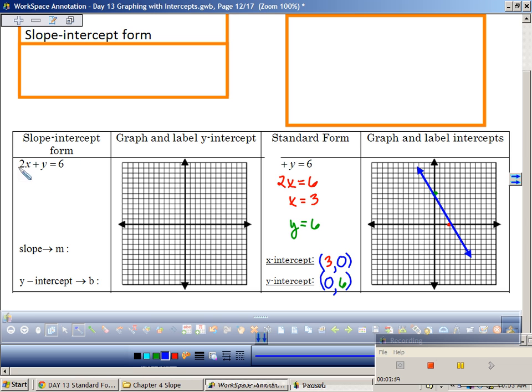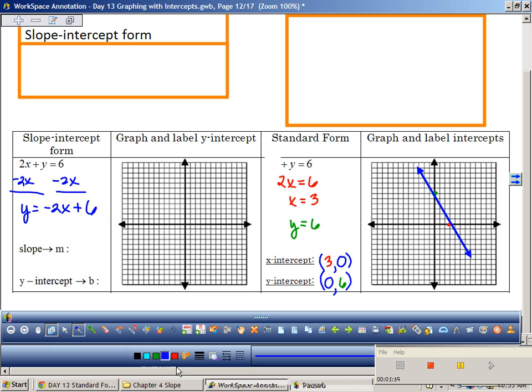So how would I solve for y on this one? Good job. Subtract 2x from both sides. And I get y equals negative 2x plus 6. So what's my slope? Negative 2. And what's my y-intercept? 6.